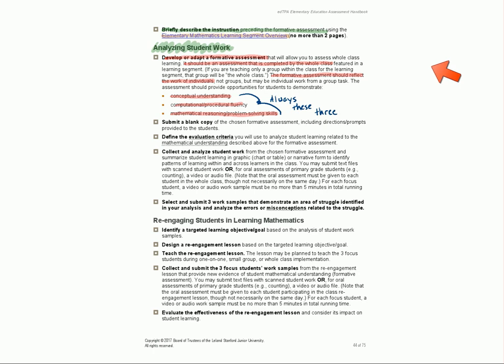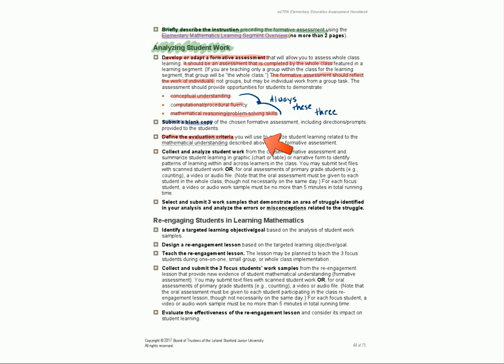Now, practical matter, make sure you have a blank copy of the assessment to submit. Now, more important than that is you need to define the evaluation criteria. And the evaluation criteria, however you set them out, they should hit, again, these 3. All right?